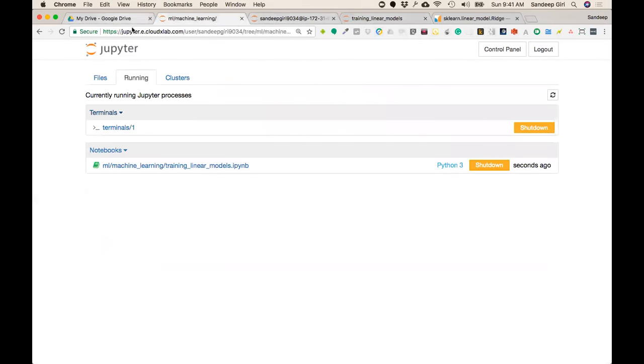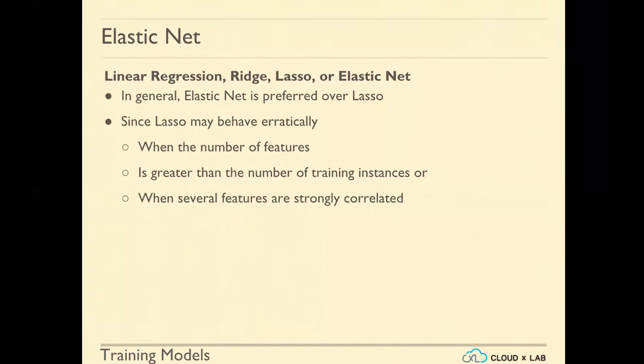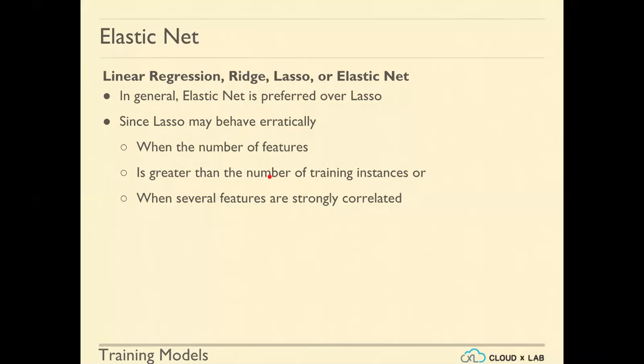Now moving ahead. There was a question from Kamal: can there be a scenario where the number of features is greater than training instances? So it's very rare, but it could be possible.